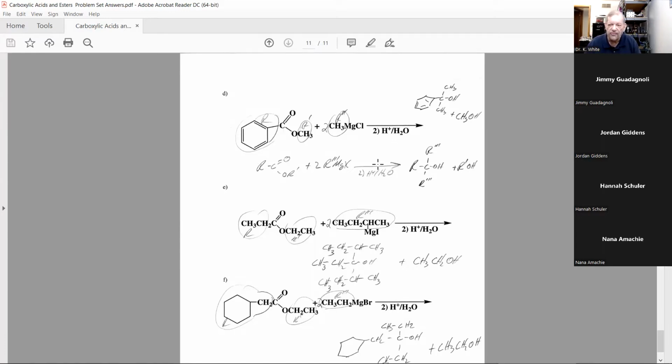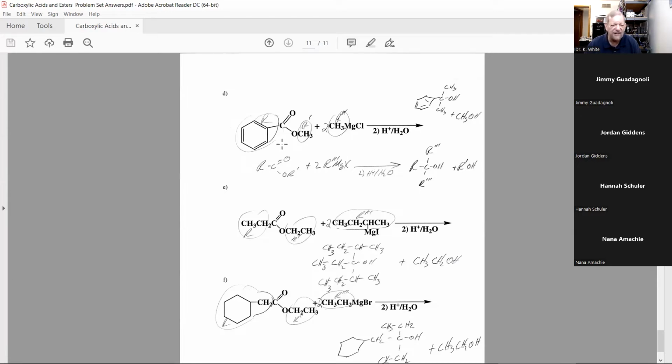In one of them, you make not 1, but 2 carbon-carbon single bonds. And the other, usually you have R prime small, so you can distill it off, remove it easily. And here, remember, keep your eye on the carbonyl carbon. That's where the fun is. The R group is still there. You lose the OR to the alcohol.